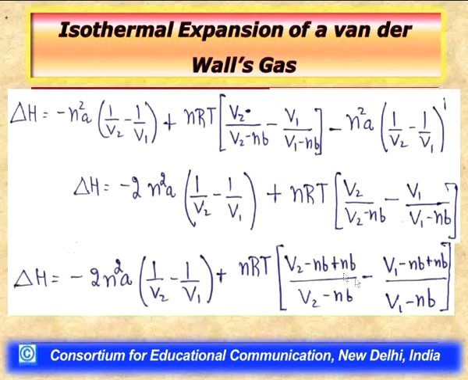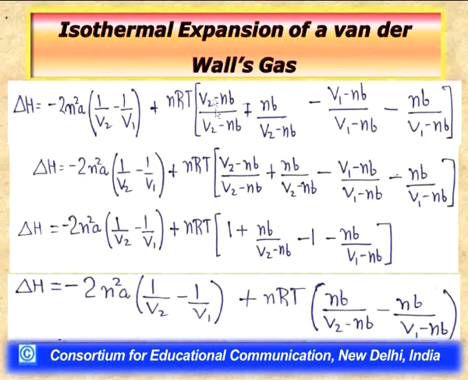Now, in order to simplify it further, we can add minus and plus nb values here, and therefore V2 minus nb, and this equation finally transforms to V2 minus nb by V2 minus nb plus nb by V2 minus nb, minus V1 minus nb divided by V1 minus nb, minus nb by V1 minus nb.